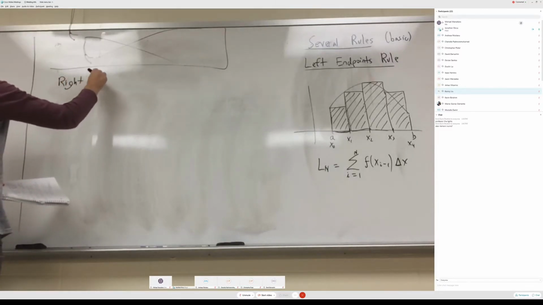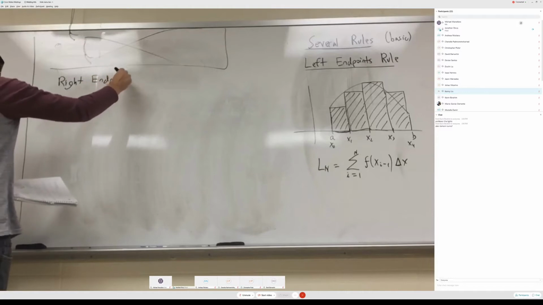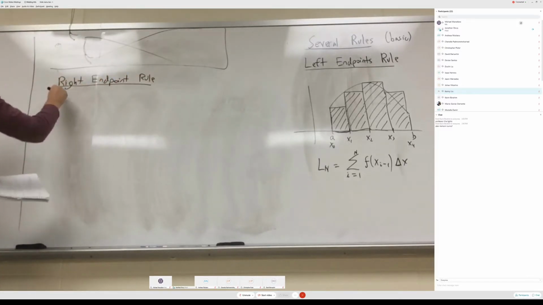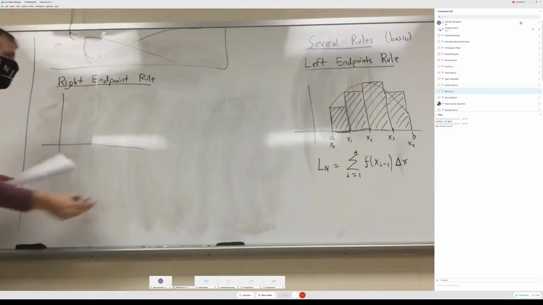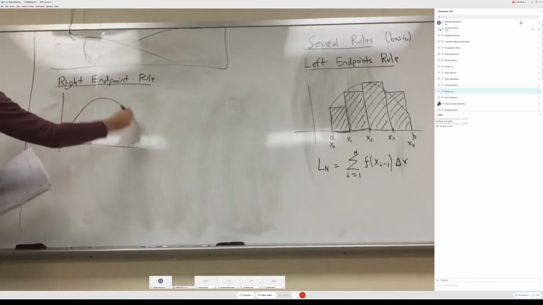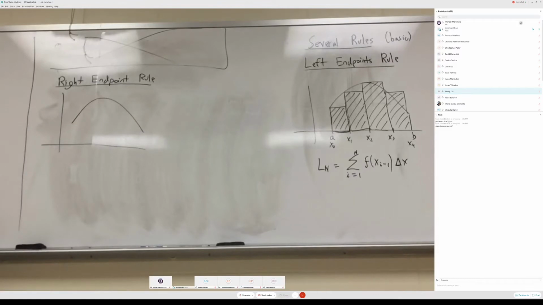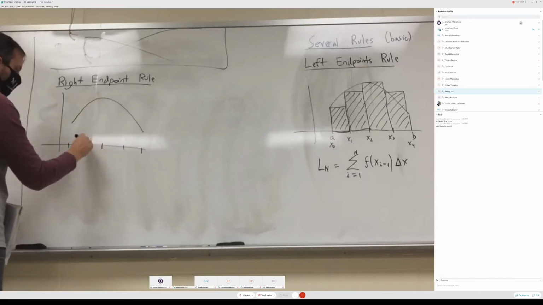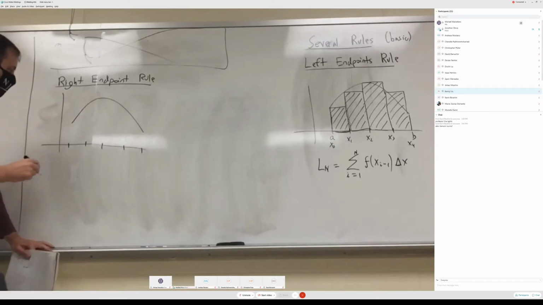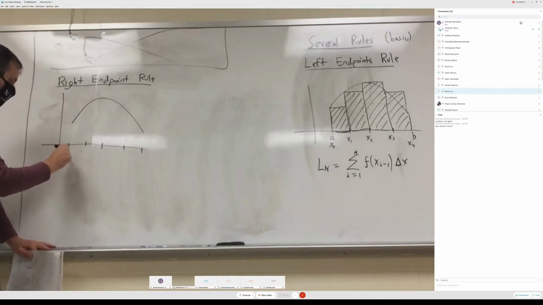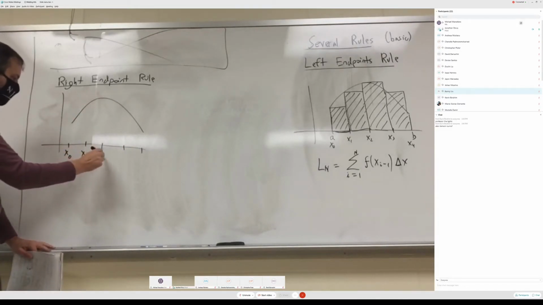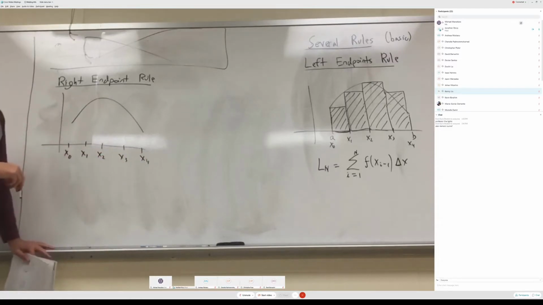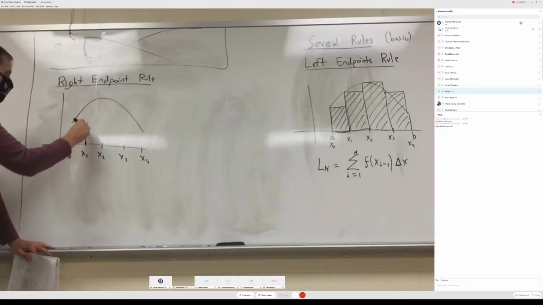Second boring rule is the right-hand rule. All right, so same curve, and we're going to divide it into the same 4 ways. And now in this curve, when I look at x0, x1, x2, x3, x4, the height that I'm going to use at each interval is whatever is on the right hand.